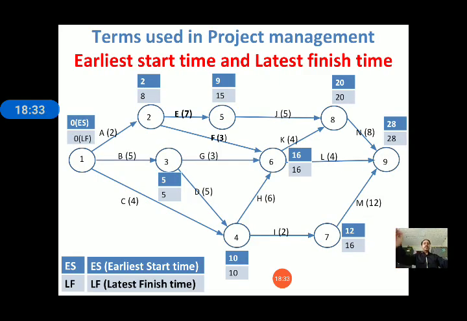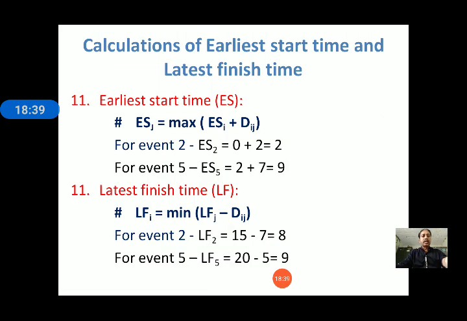Okay, and the calculation for earliest start time and latest finish time is this. As I told you in the previous slide, the equation for earliest start time is ESj equals maximum of ESi plus Dij, meaning the earliest start time of event J is equal to the maximum of ESi, the earliest start time of the tail event, plus duration.